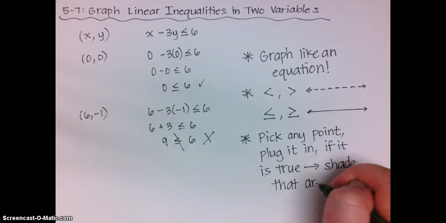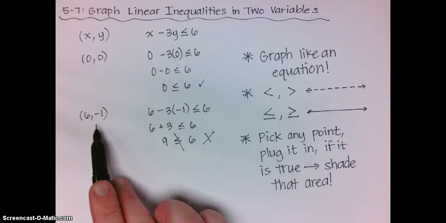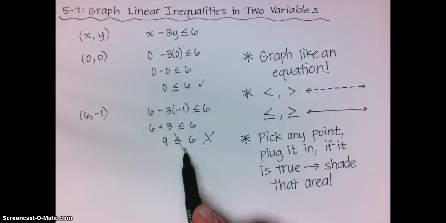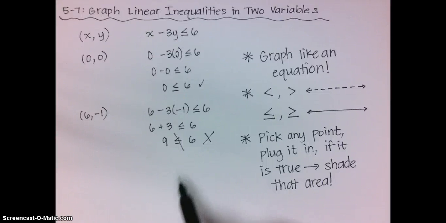And vice versa. If you pick a coordinate like 6, negative 1, and you find out that it's false, you're not going to shade the area that 6, negative 1 is in. So why don't we try this out?